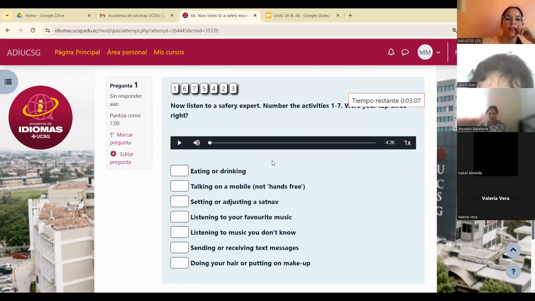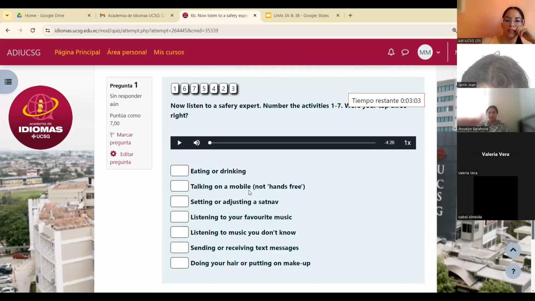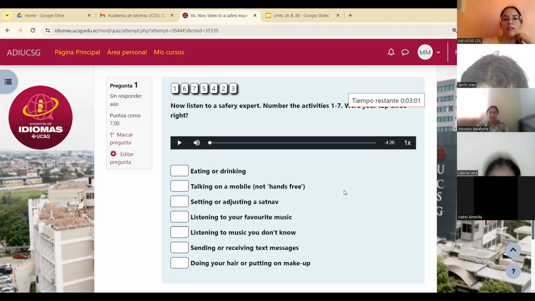Those activities are as follows: eating or drinking, talking on mobile, etc. So you have to listen and number the activities in the order they have been mentioned. Okay?